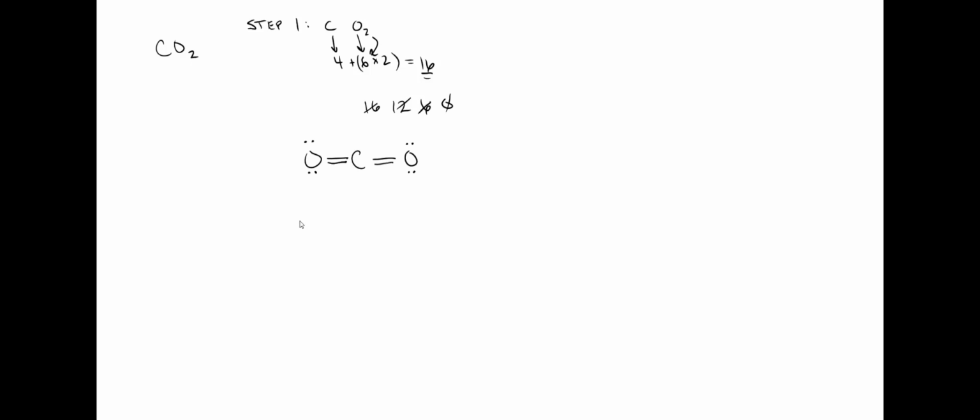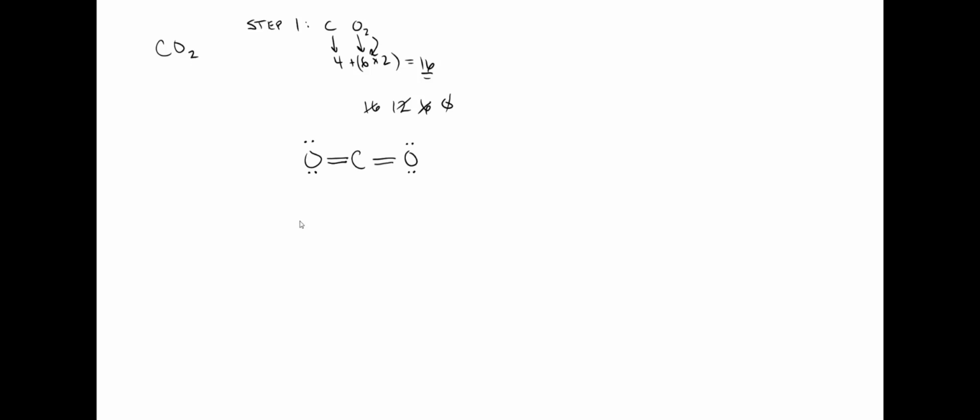All right, so some things to check. Is CO2 the formula? COO, yes. So we have the right formula. We have our count here of 16 electrons. Let's make sure that this works. So we've got 2, 4, 6, 8, 10, 12, 14, 16.